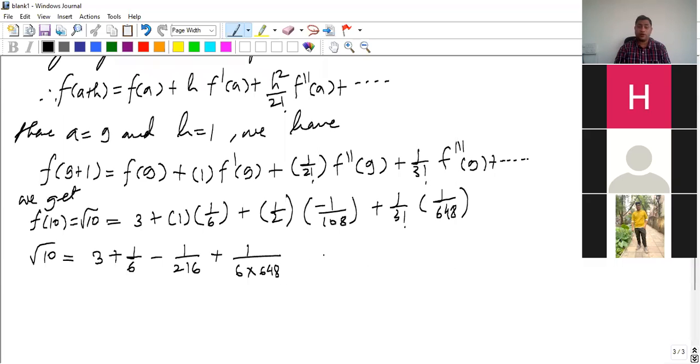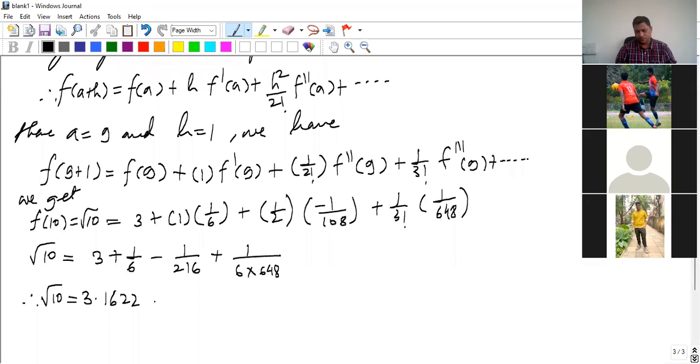Okay, and now I want you to calculate this value. So you can tell me what this value is. It will be 3 point something, but you have to calculate up to 6 digits. Okay, so you can compare it up to 4 digits. 6 into 648 is 3888. It is going to be 3.1622.